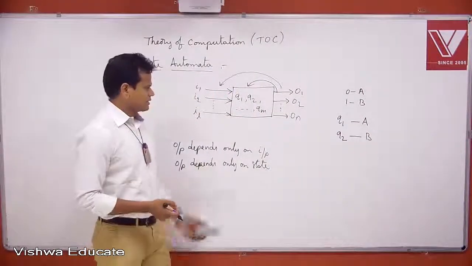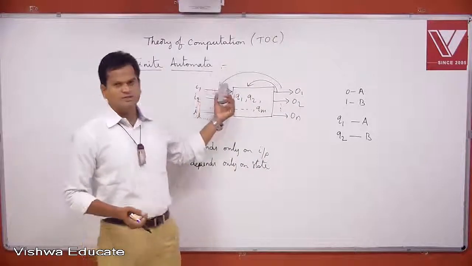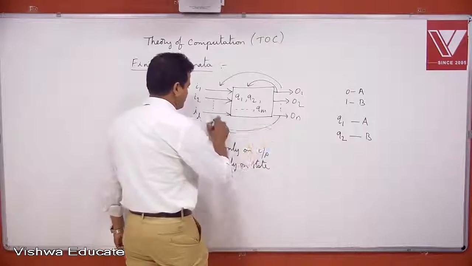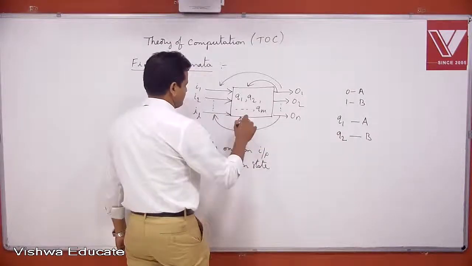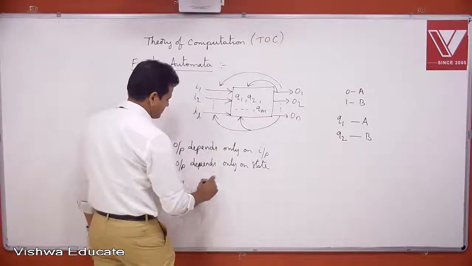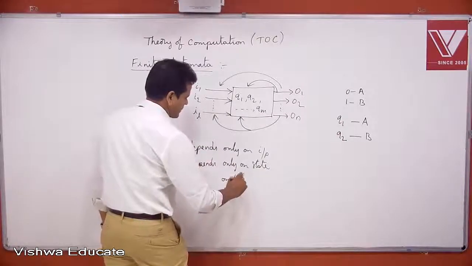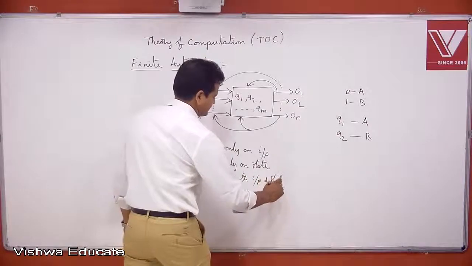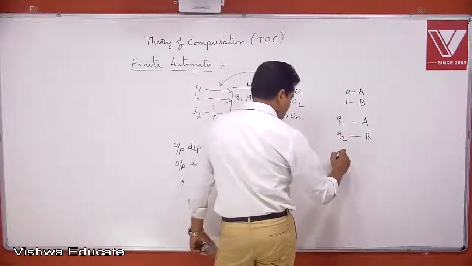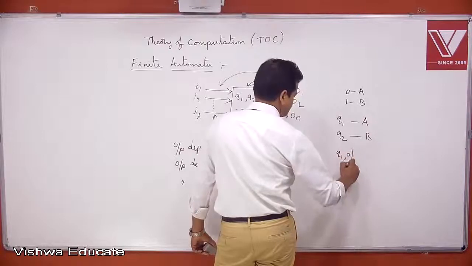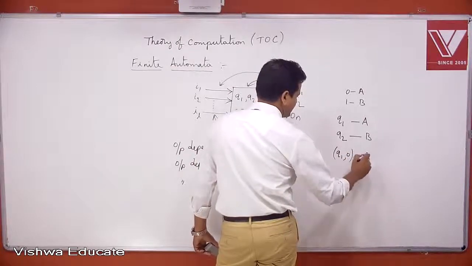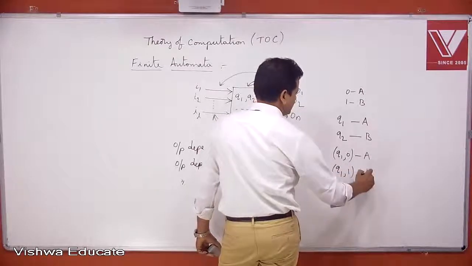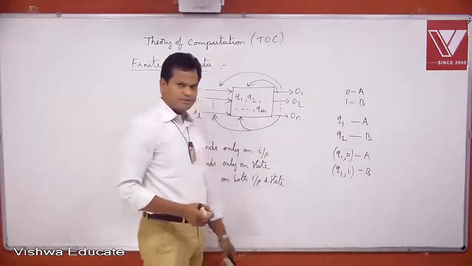So the output can depend only on input, or only on state, or on both input and state. That means if the machine is in Q1 and the input is 0, it gives A. When the machine is in the same state but a different input, it may go to a different output.